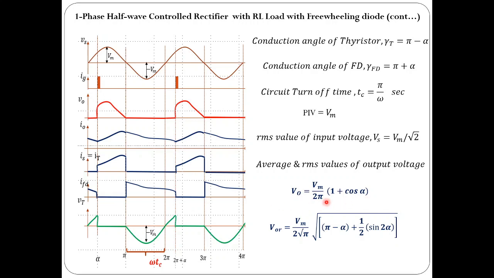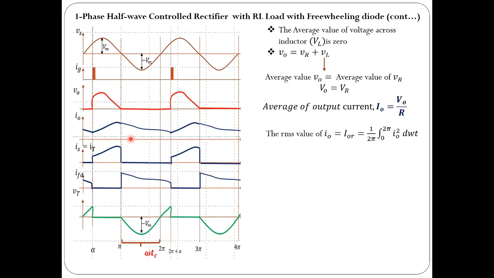Even though the RMS value of voltage VOR is reduced, V0 is increased. The average value of the output voltage is increased, and the output voltage became smooth compared to the previous case. By assuming the load inductance is very, very high, the current can be continuous.